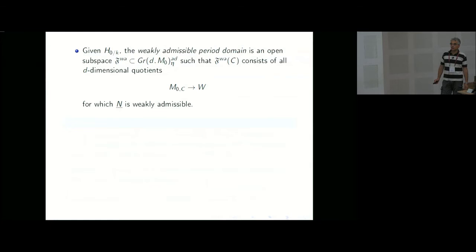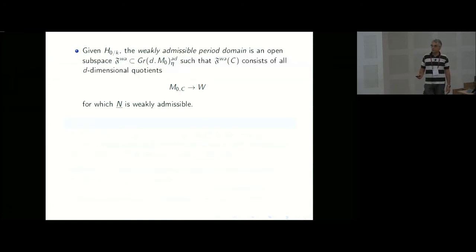So given H0, the weakly admissible period domain is an open subspace, F fracture weakly admissible, inside the analytic Grassmannian, whose C points just contain all those d-dimensional quotients, all those candidates to be the Lie algebras of liftings, for which N is weakly admissible.